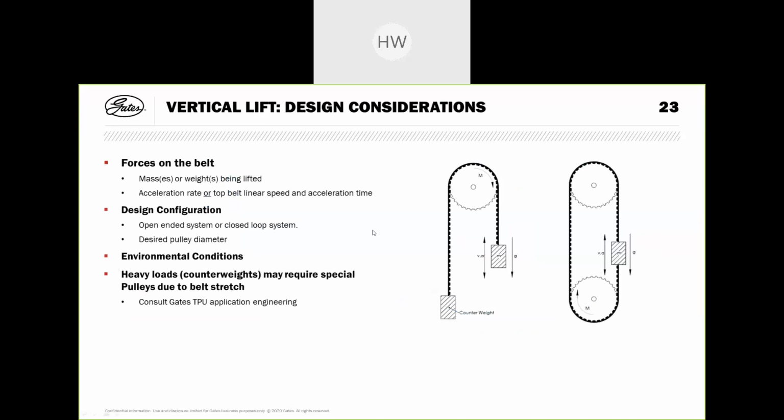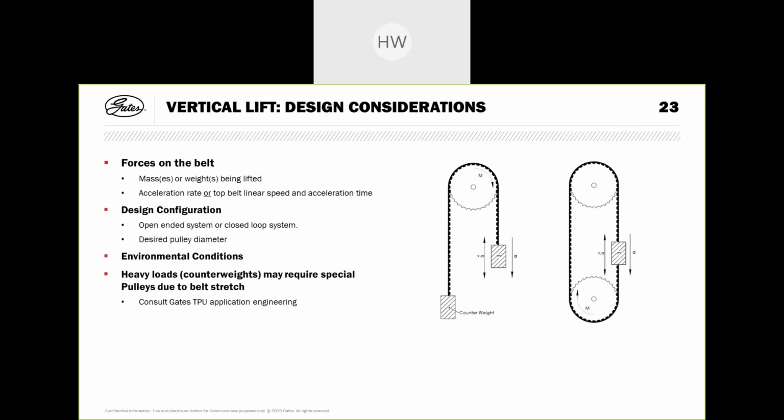Design consideration, of course, the same thing, mass or weight for being lifted, and of course also the counterweight and the acceleration rate. And the two different applications, open-end or closed-loop systems. And of course also the design envelope, pulley diameters, and maximum belt width.